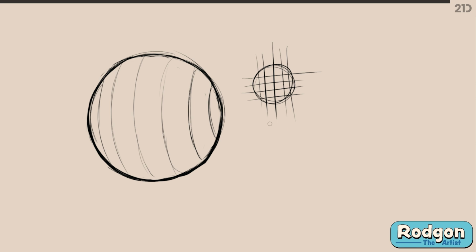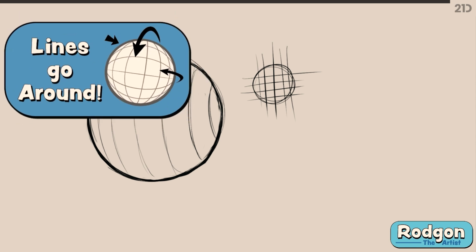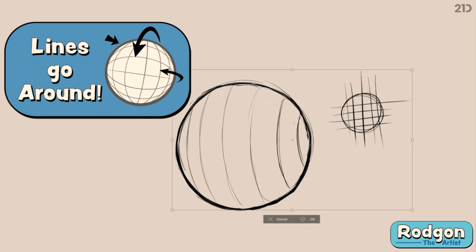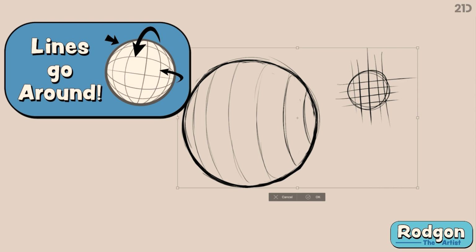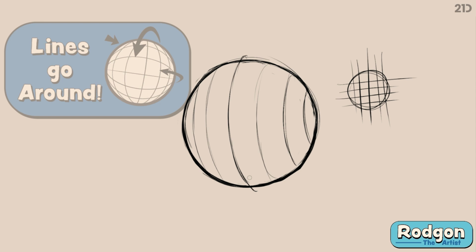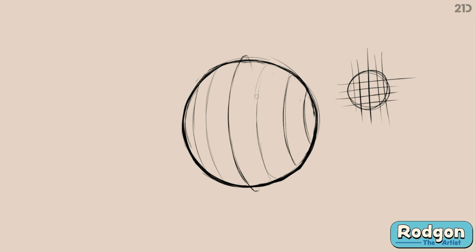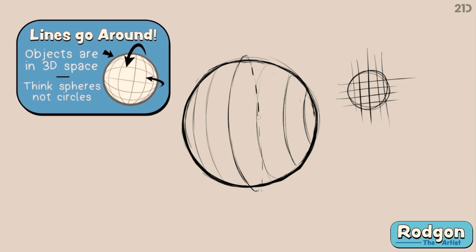You have to keep in mind the fact that the lines go around your shape, right? So whenever we are drawing them, you need to remember that these lines are going around your shape. And you have a front and a back to each one of these lines.